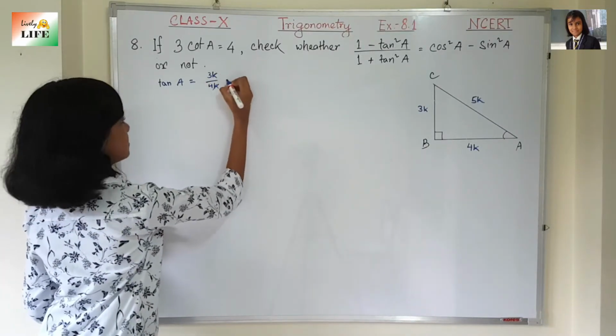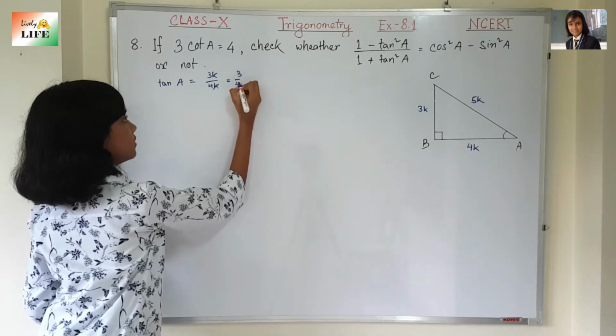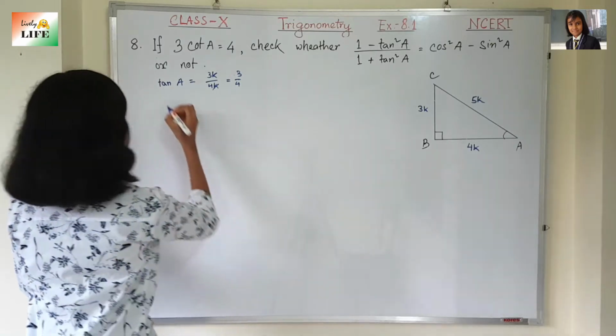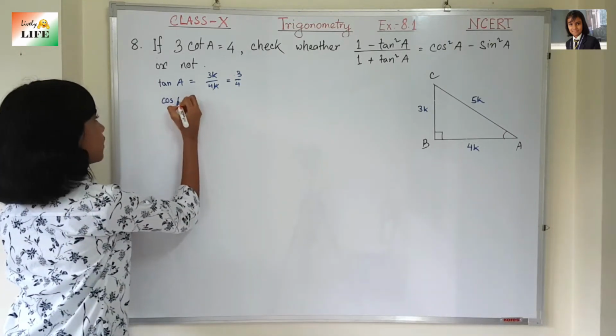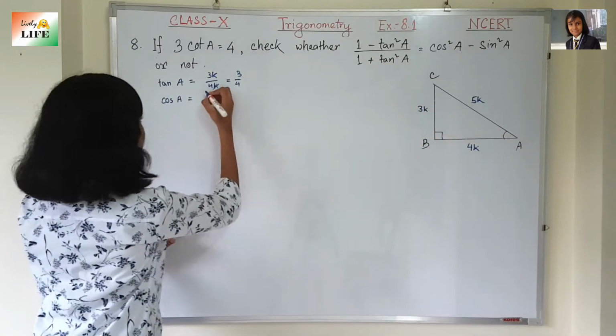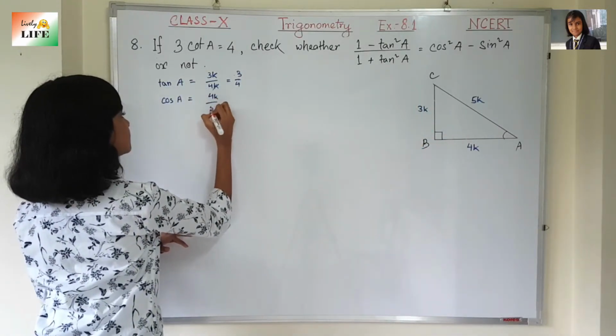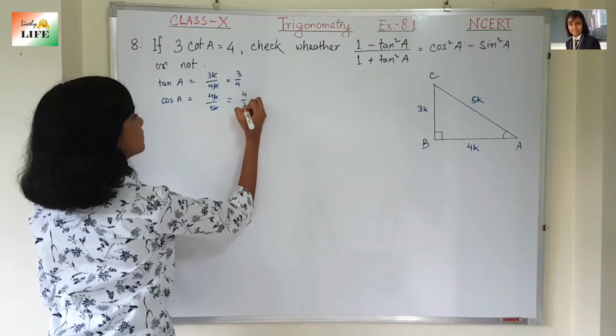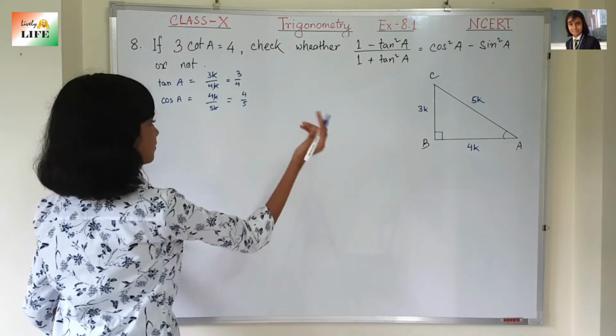K will be cut, so tan A is 3 by 4. And then what is cos A? Cos A is base by hypotenuse, 4K by 5K. K will be cut. Cos A is 4 by 5.